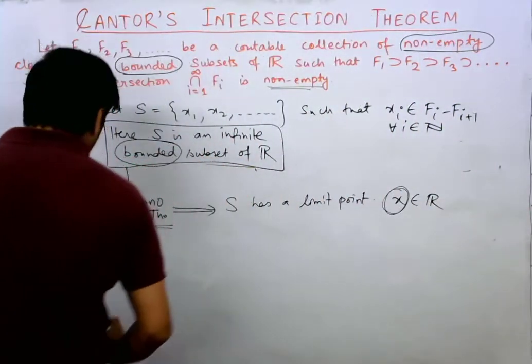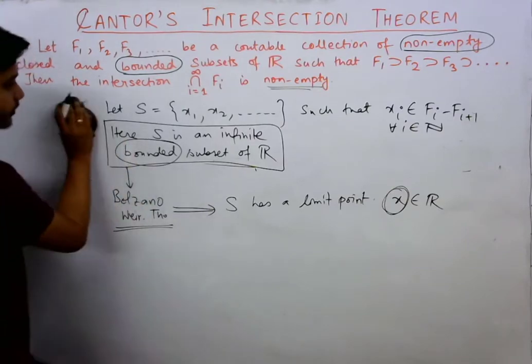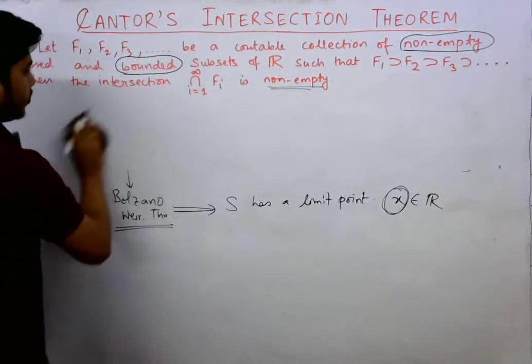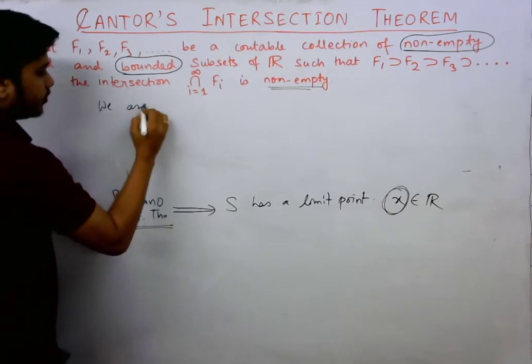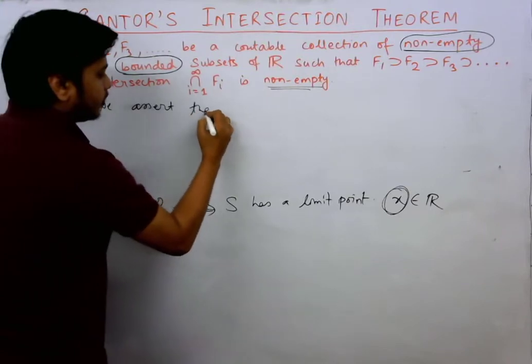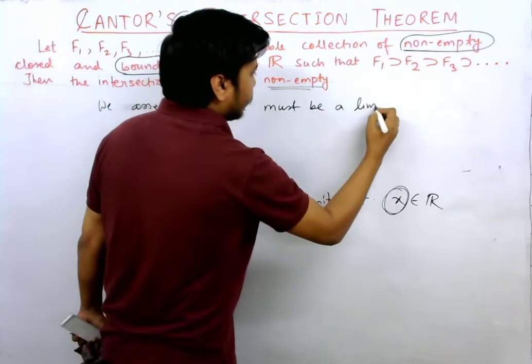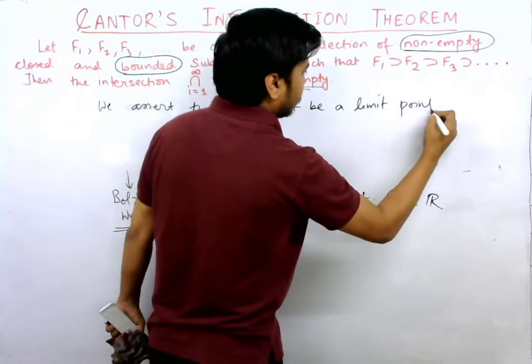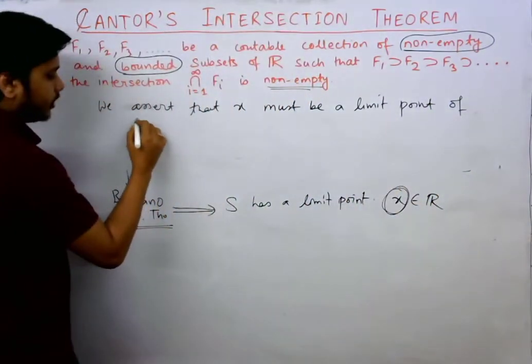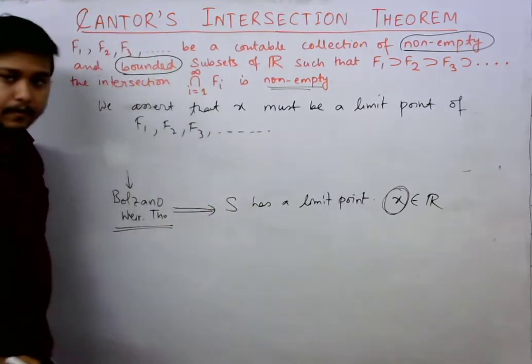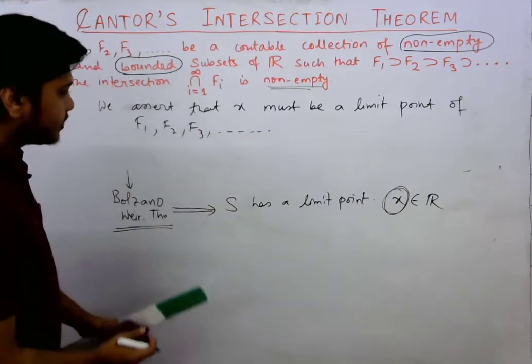So let's see how we can do that. So we assert that X must be a limit point of F1, F2, F3 and so on. Now I'm going to prove this assertion.